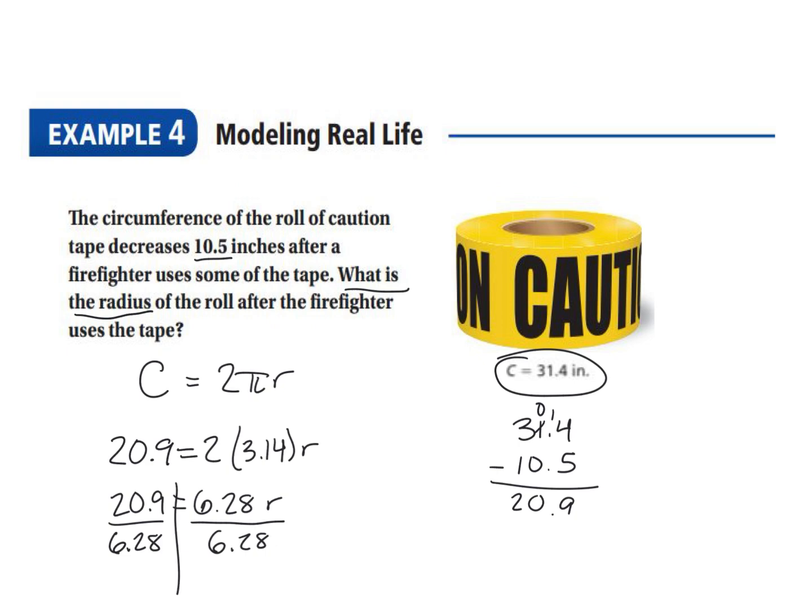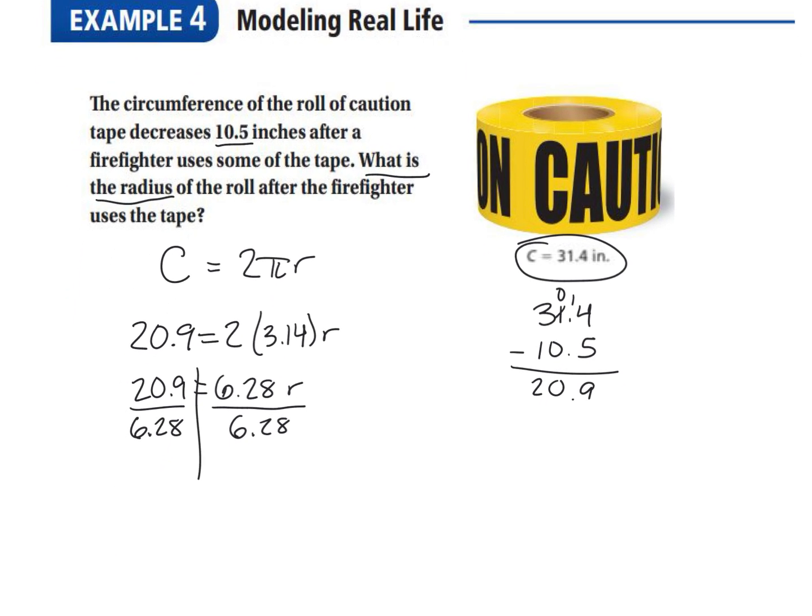On your calculator, 20.9 divided by 6.28. And we end up getting this really long decimal. I'm just going to round at the tenths place. I'm going to say that my radius is approximately equal to 3.3.